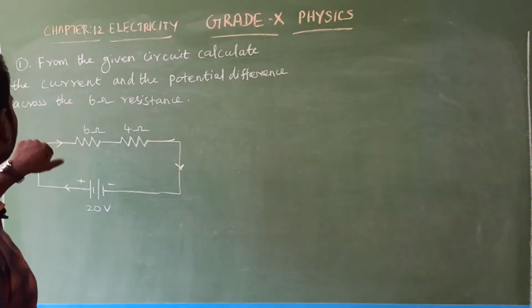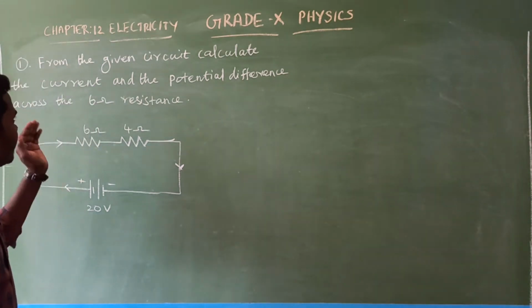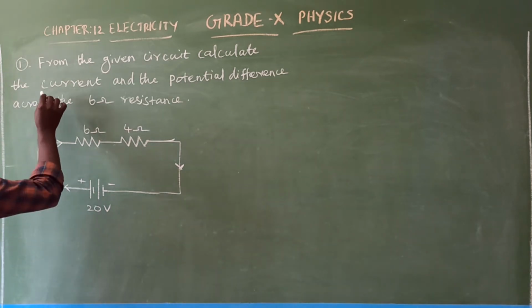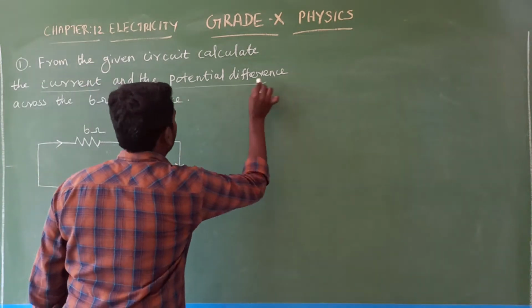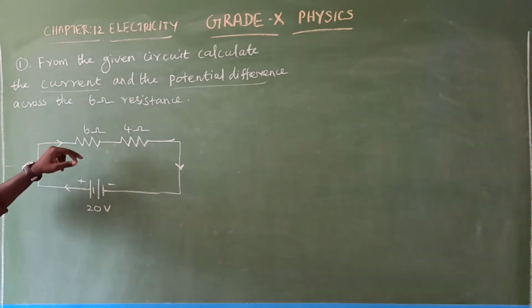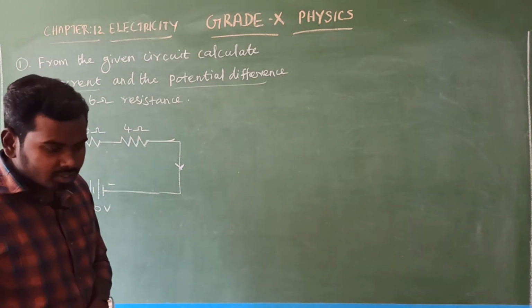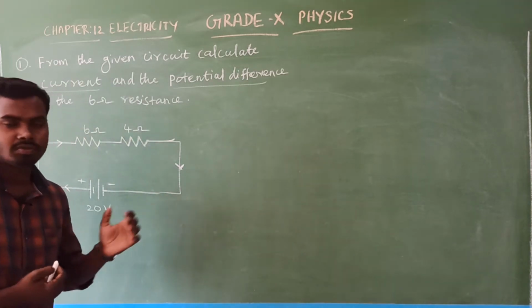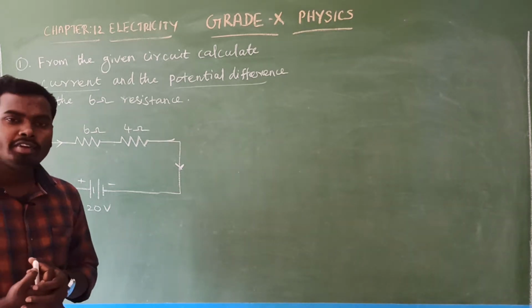The first numerical: from the given circuit, calculate the current and the potential difference across the 6 ohm resistance. Here, what quantities do we need to calculate?